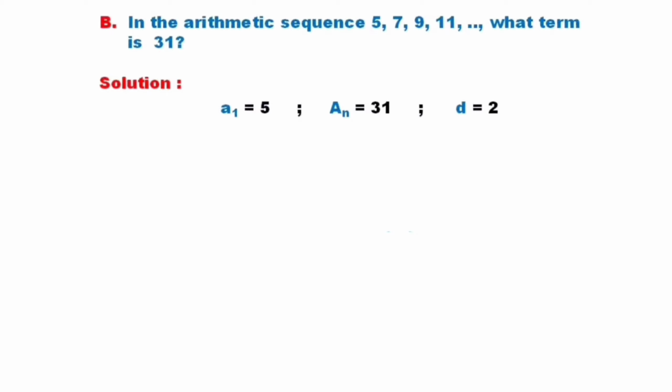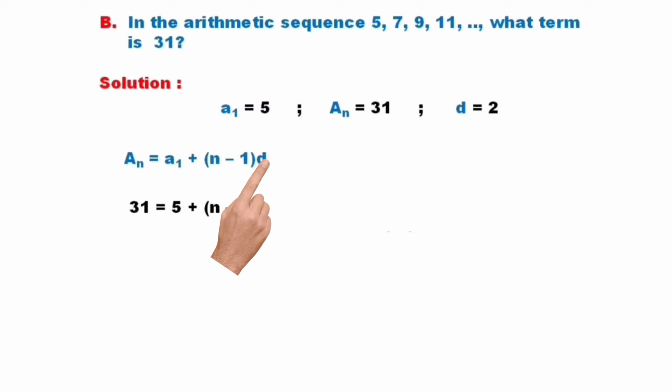To evaluate the value of n, just substitute the given in the equation a sub n equal a sub 1 plus the quantity of n minus 1 multiplied by d. Then, we have 31 equal 5 plus the quantity of n minus 1 times 2.